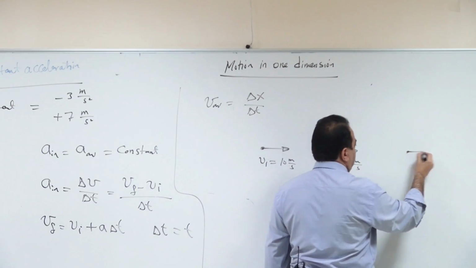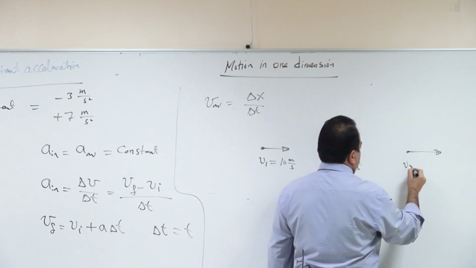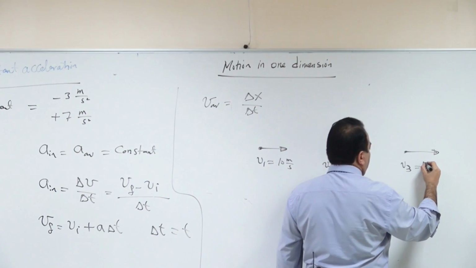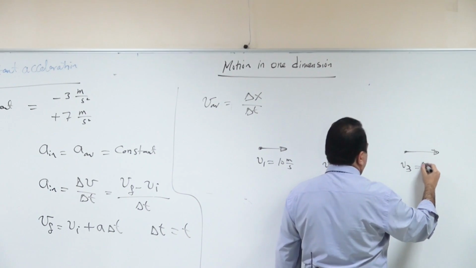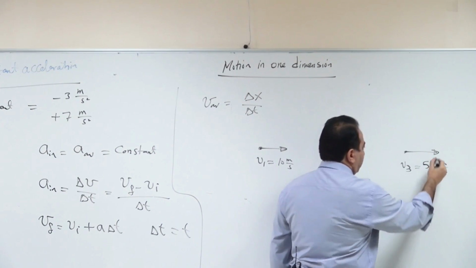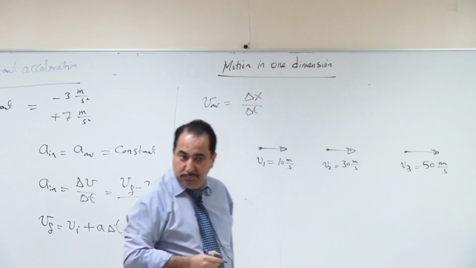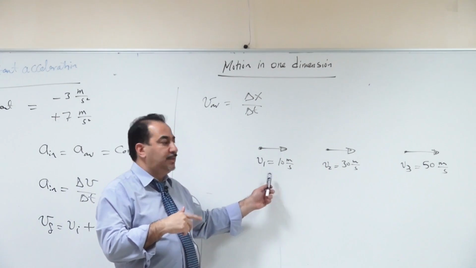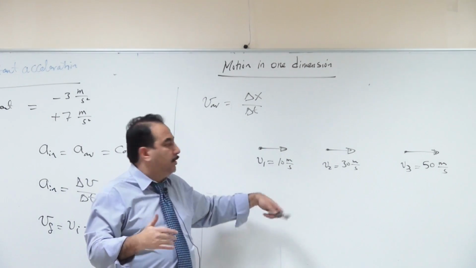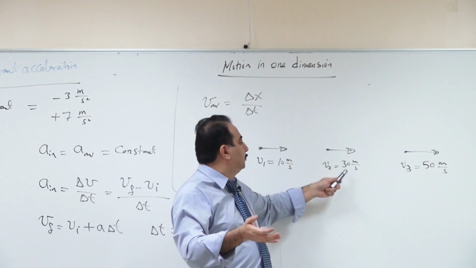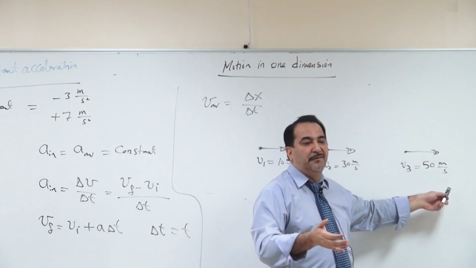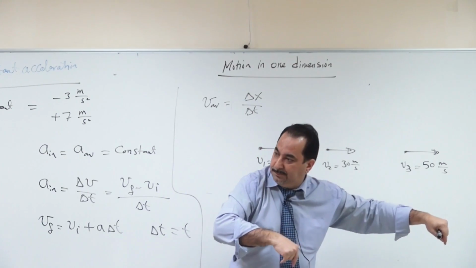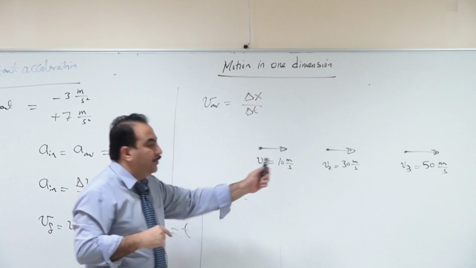Another point, V3, and I have 50 meters per second. So it's like you're driving your car. At this point, you look and your velocity is 10. Some other time, 30. Some other time, 50. What are these? Instantaneous velocities. What's the average velocity of this car?